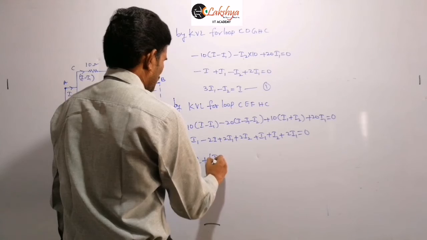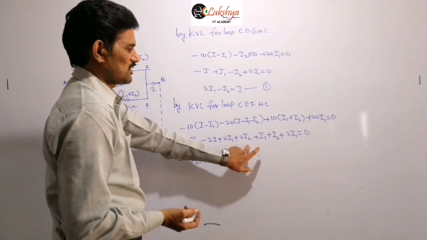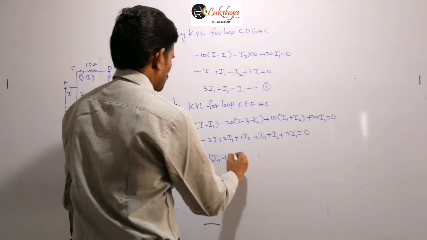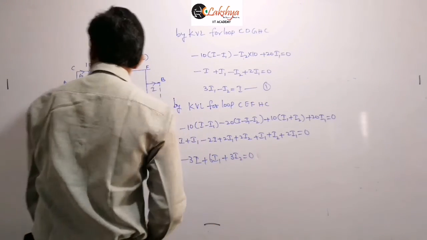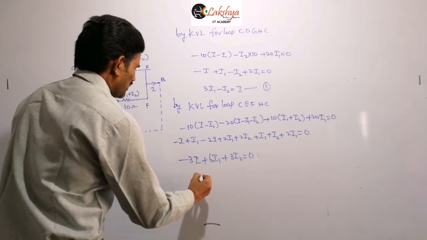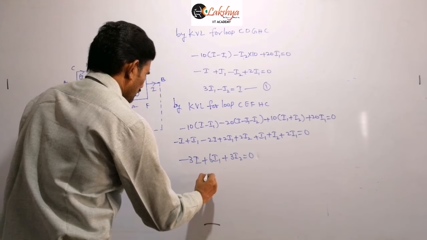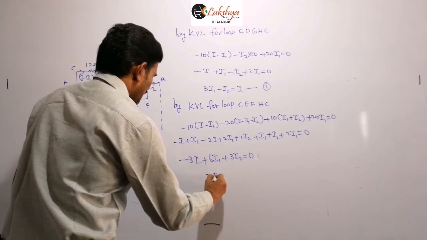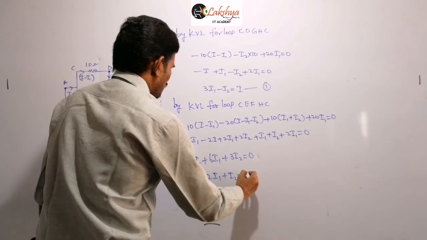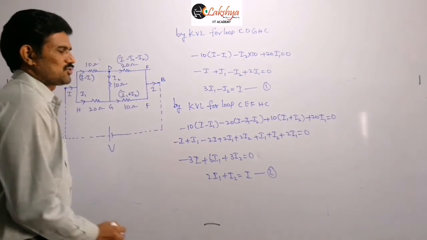So it is plus 6I1. Next I2 terms. Only here I2 is there, 3I2. So this is also plus 3I2 is equal to 0. Then you can simplify this equation as 2I1 plus I2 is equal to I. I am dividing with 3. So this is our equation 2.